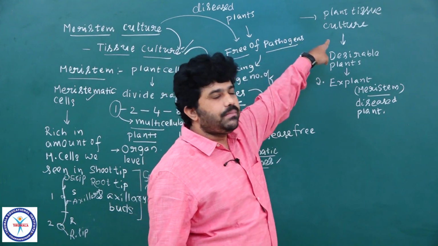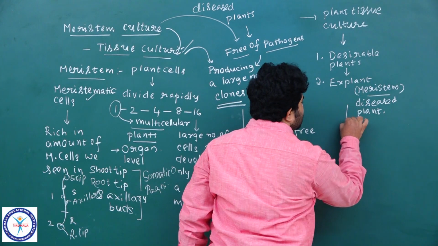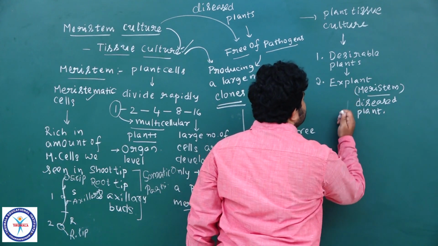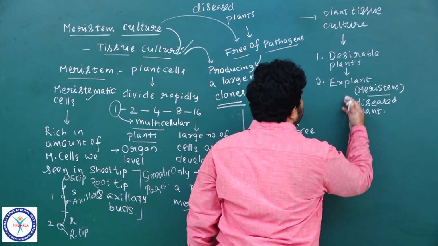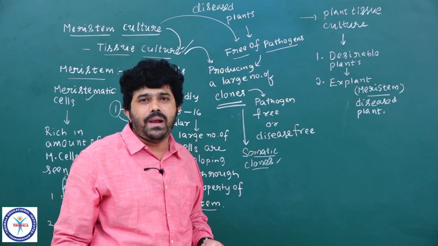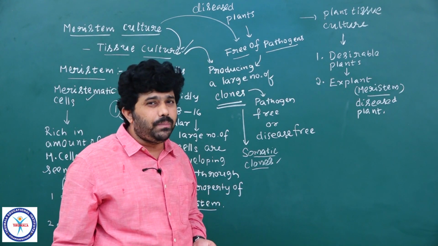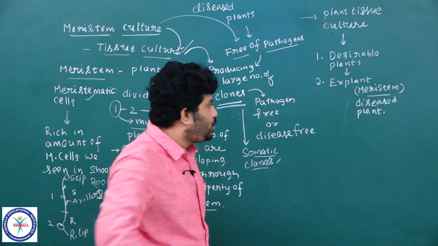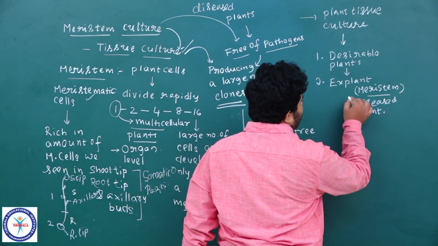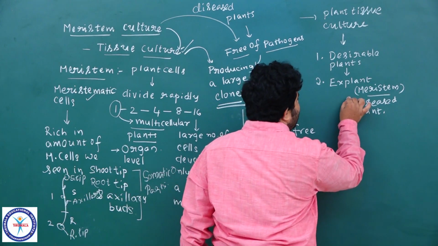that is meristem culture. In meristem culture we also have to choose a particular structure of the plant, meristem only. Meristematic cells are present in the plant body in the shoot tip and axillary buds; especially the shoot tip and axillary buds we choose to collect from the plant, and that collected material is the explant.